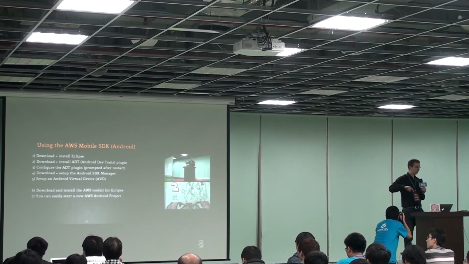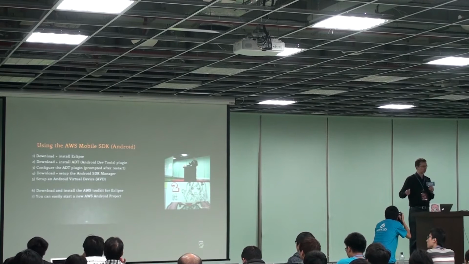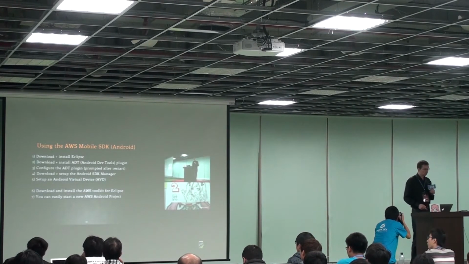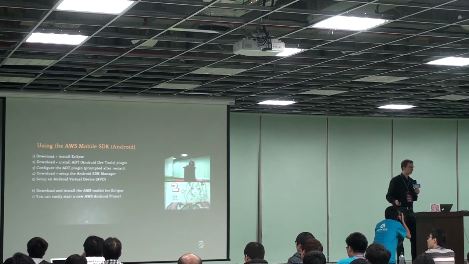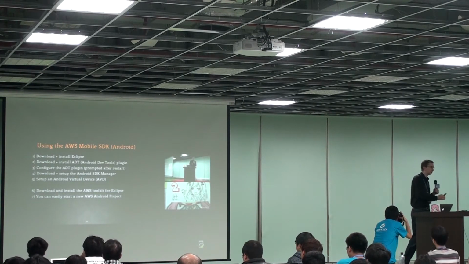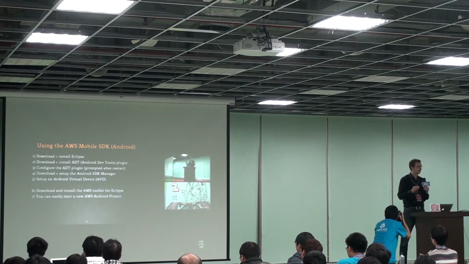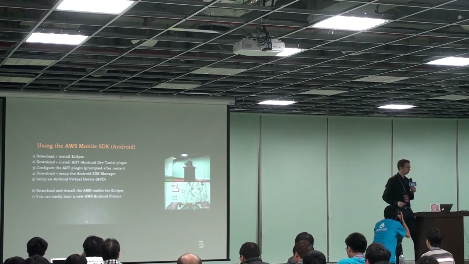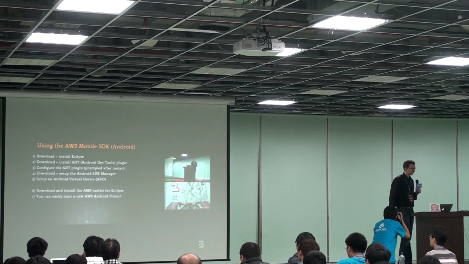So first install the ADT. Then you have to configure the Android plugin. Then you have to download Android SDKs for different Android versions. Then you get the device emulators, for example. With the device emulators, you can run and test your code using an emulated Android phone on your laptop. That's the Android virtual device.